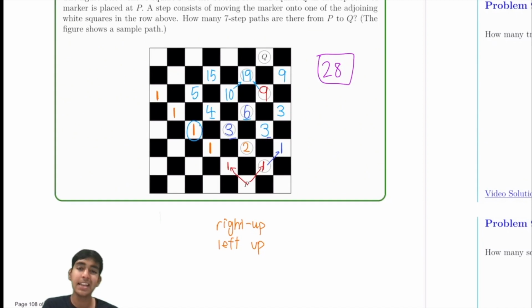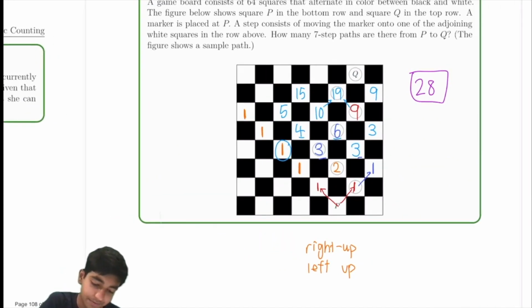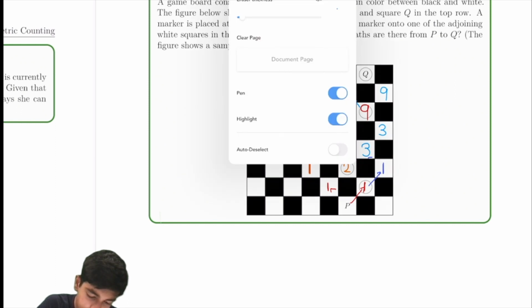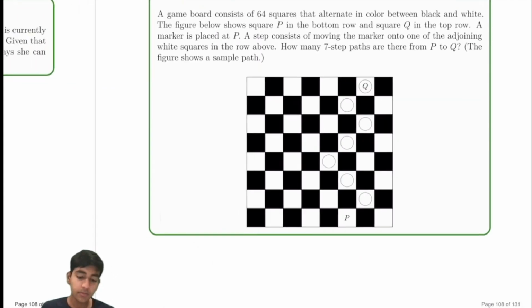Okay, this is a little bit tedious and a little bit bashy, so now let's explore the complementary counting solution. So notice here, 7 moves, right?